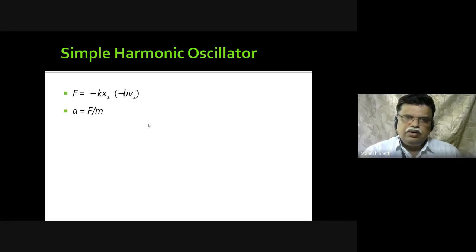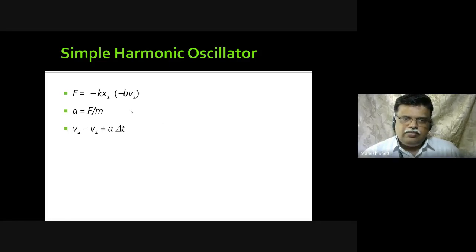Numerically, when you want to solve this, you can calculate the acceleration as force upon mass, and in most cases we will consider mass as unity here, and we can see how the nature looks. One may then take k also as unity, and then omega, from the analytical solution, becomes root of k by m, and that effectively becomes 1.